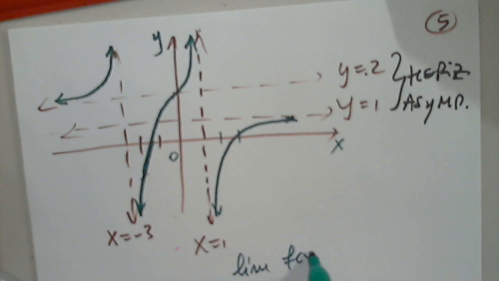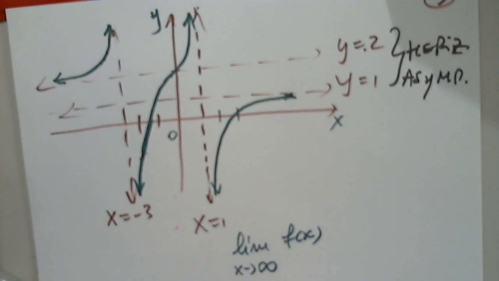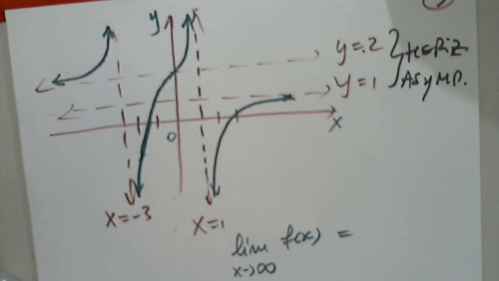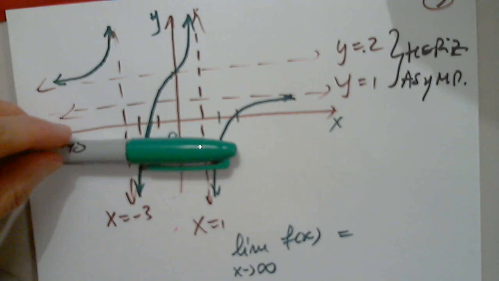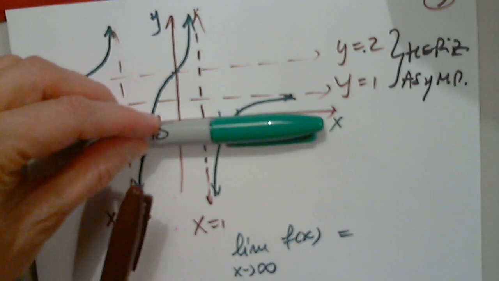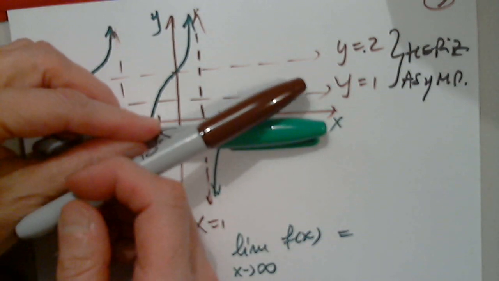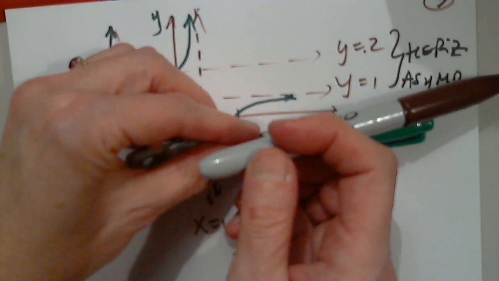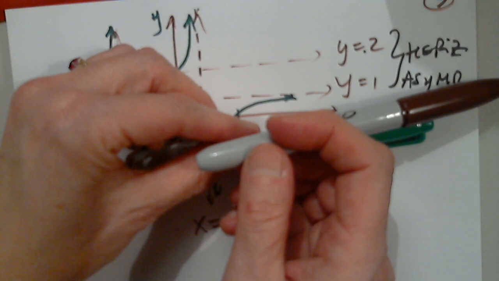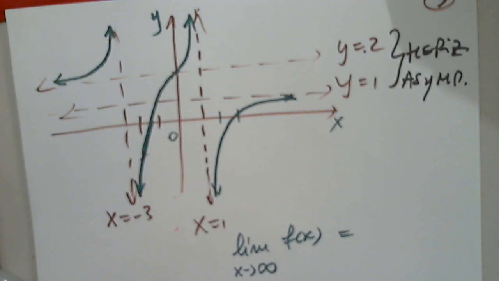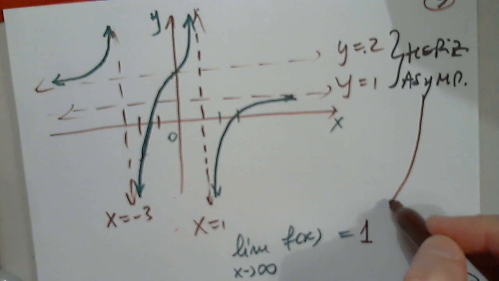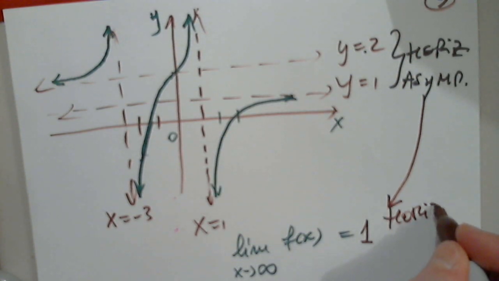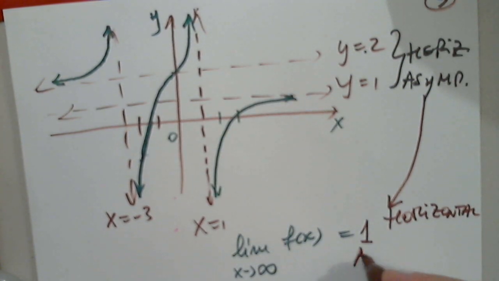Okay, so limit as x approaches infinity of f of x. Limit as x approaches negative infinity of f of x. So follow my markers. We start with infinity. As x approaches infinity, the y values get closer and closer to what? 1. Exactly. That's the reason why this is a horizontal asymptote.